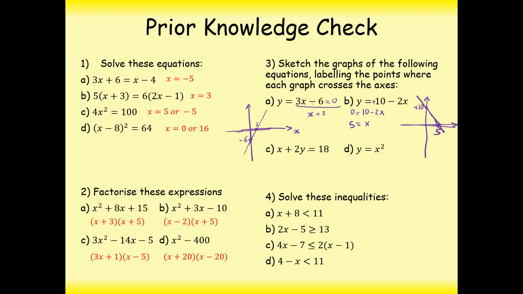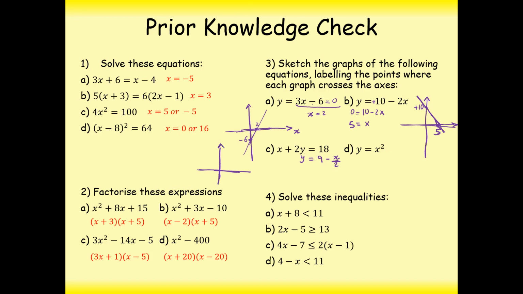Next graph, you can rearrange to figure out what the gradient is. If I rearrange this graph, I'll have 18 minus x divided by 2. That's 9 minus x over 2. The gradient would be a minus a half and the y-intercept is 9. There's another way to plot this kind of graph.